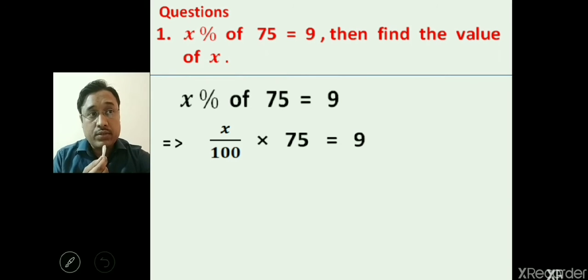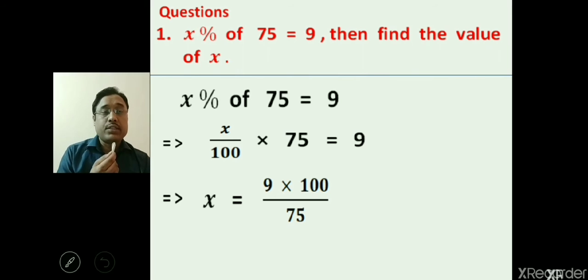Now we are going to solve this equation, so we may write that x equals 9 into 100. This 100 you will take on the other side of the equation, because on the LHS it is dividing, so here it will multiply on the RHS. Now 9 into 100 by 75. This 75 will go on the RHS and it will divide.